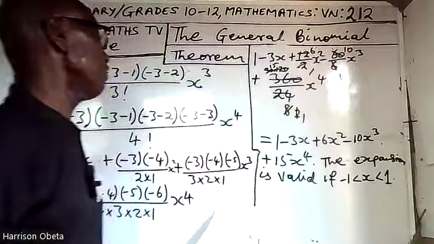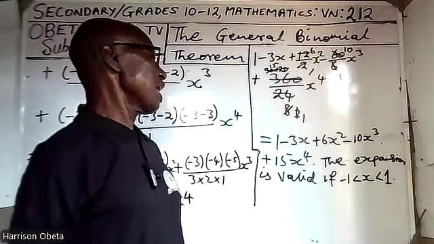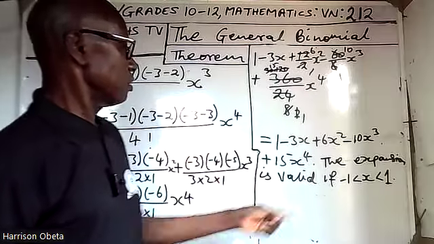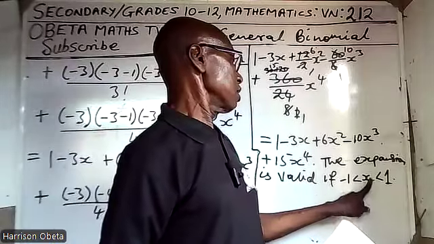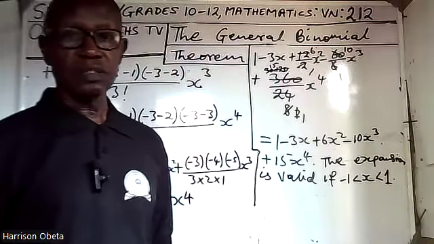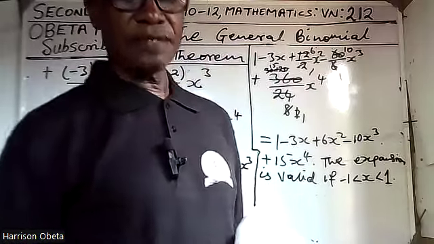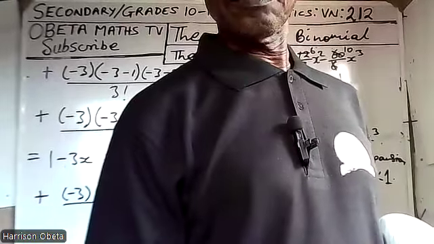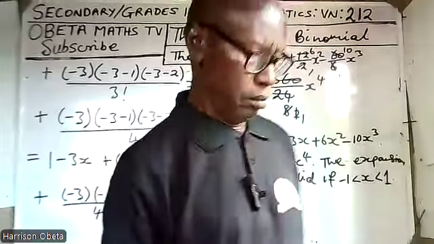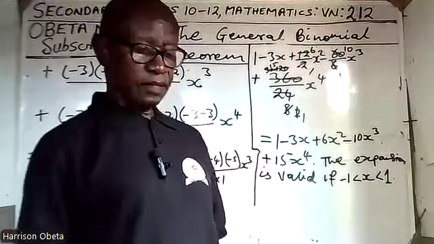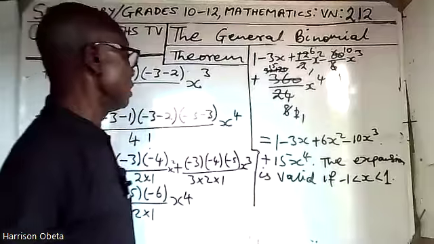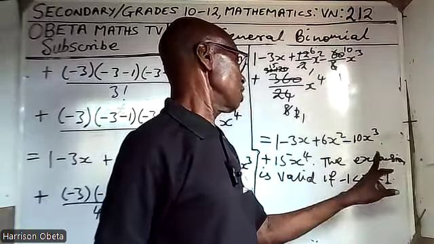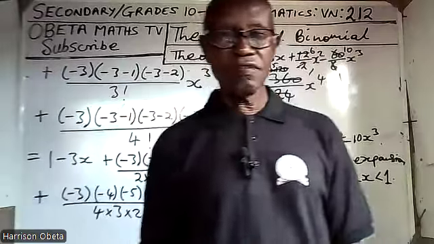So the expansion is valid if x lies between minus 1 and 1. That is when the expansion is valid. So that's the end of that question.